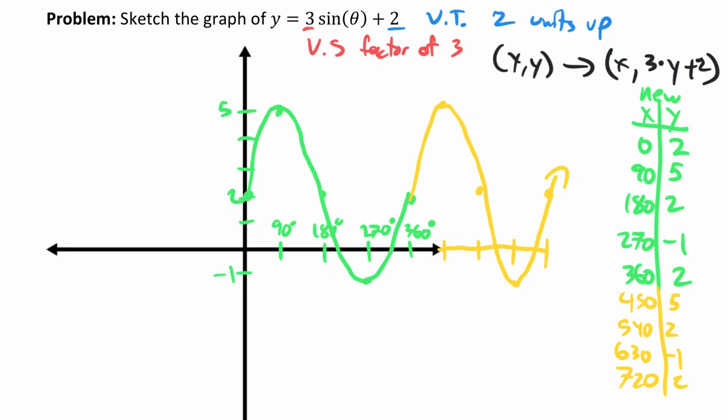Same thing, we can go back in the other direction, right? We could go back here, 1, 2, 3, 4. These would be minus 90, minus 180, minus 270, minus 360. A little tricky to get them all written down here, but we got it.